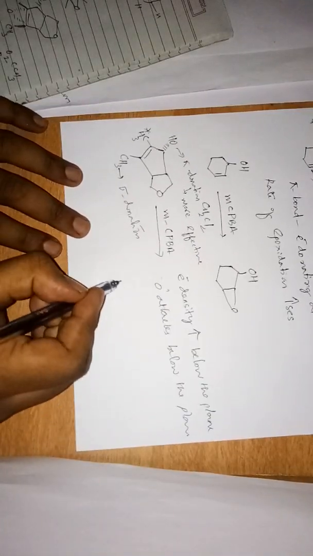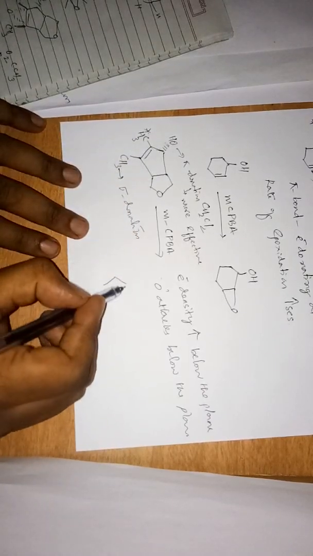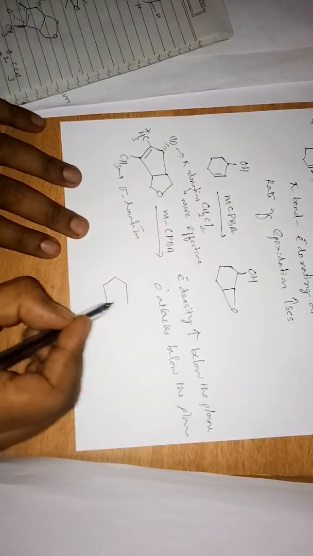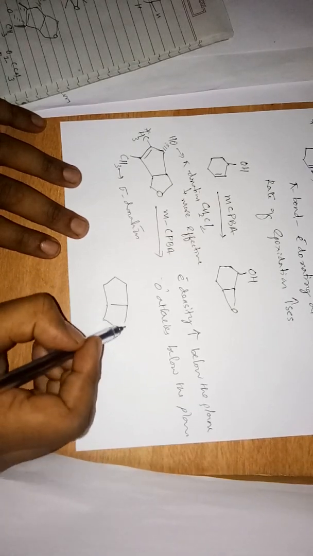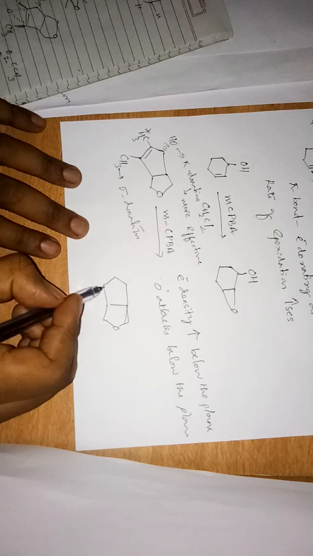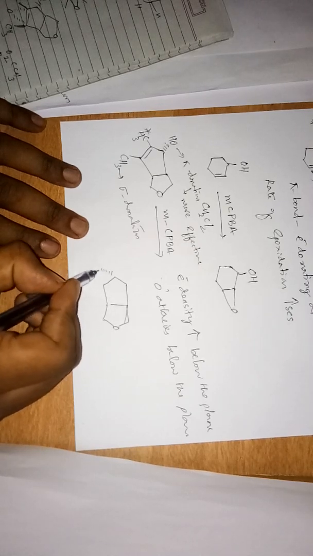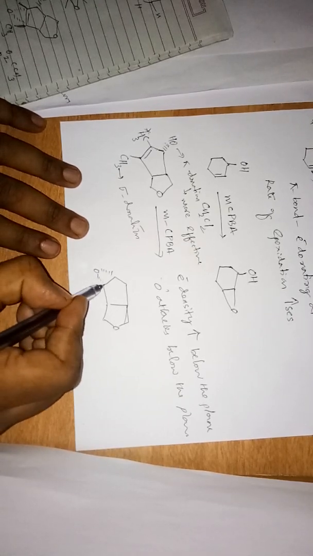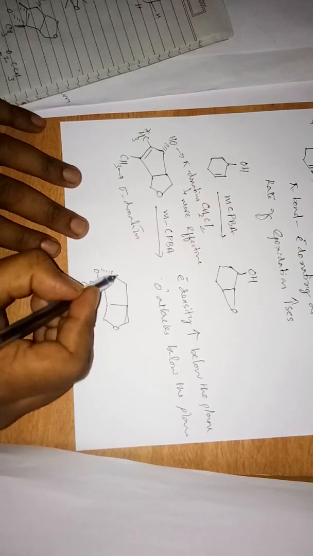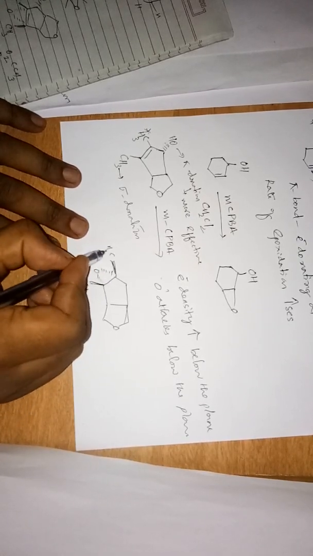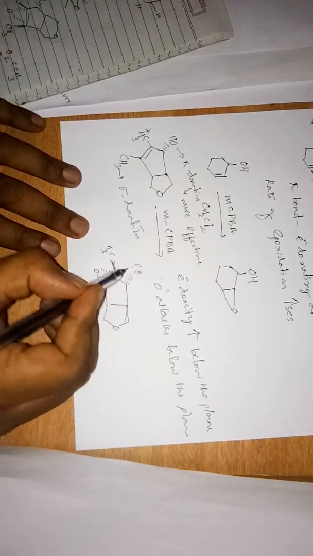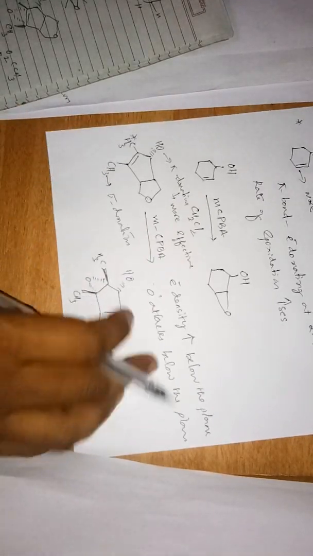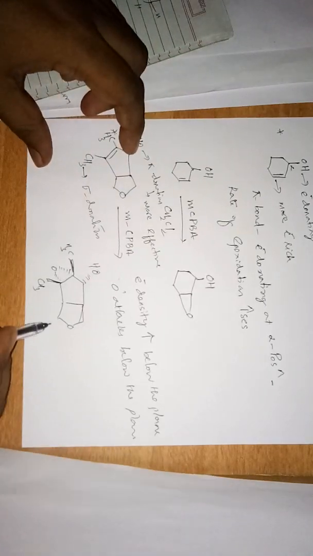So oxygen delivers below the plane, and you will get below the plane epoxidation. So the CH3 will become above the plane, compared to this above the plane OH. So this is the product.